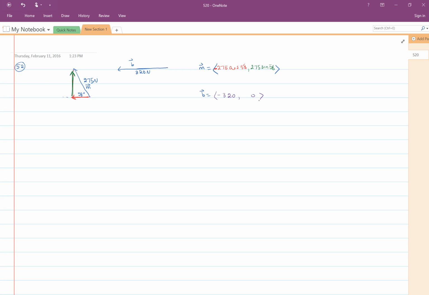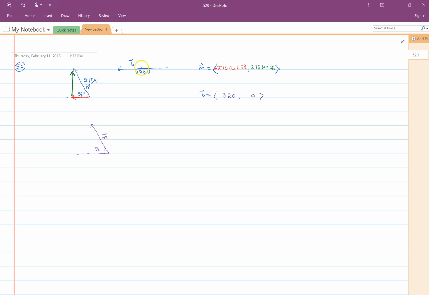Now what I want to do is find the resultant. So technically, how do we find the resultant? This was Maggie's force M with an angle of 58 degrees. And this is my second vector, right? How do I add vectors?